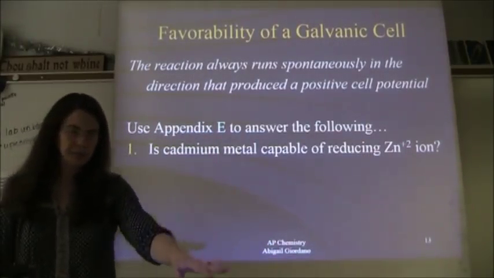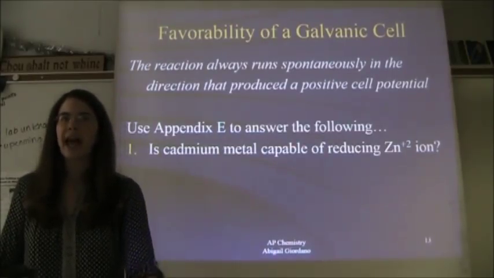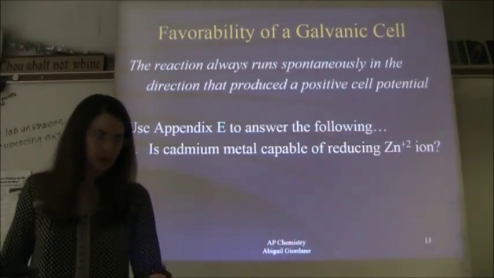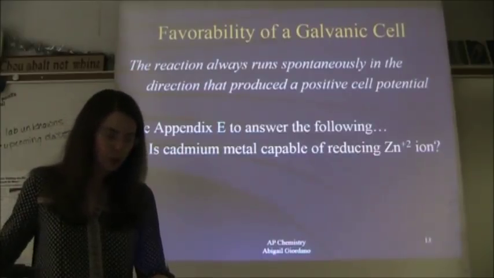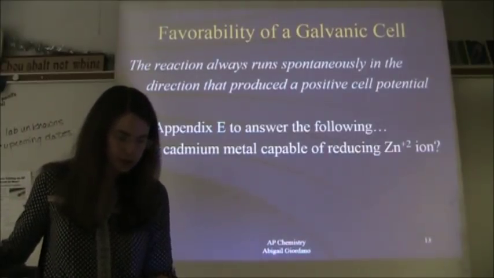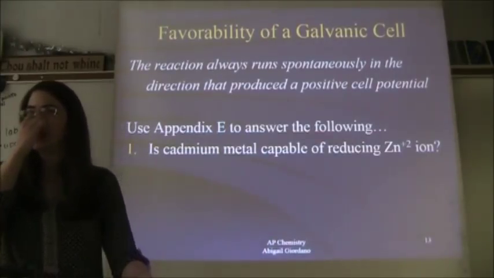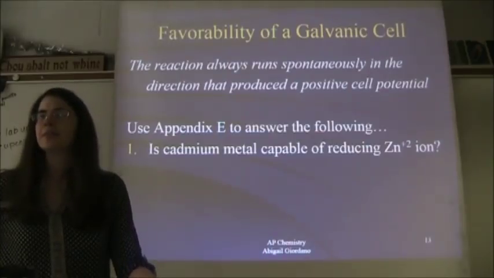Find, please, in this chart, find cadmium solid. Just to make sure that we are all looking at the same half reaction, what is its reduction potential? Negative 0.403. Okay. Tell me this, guys.